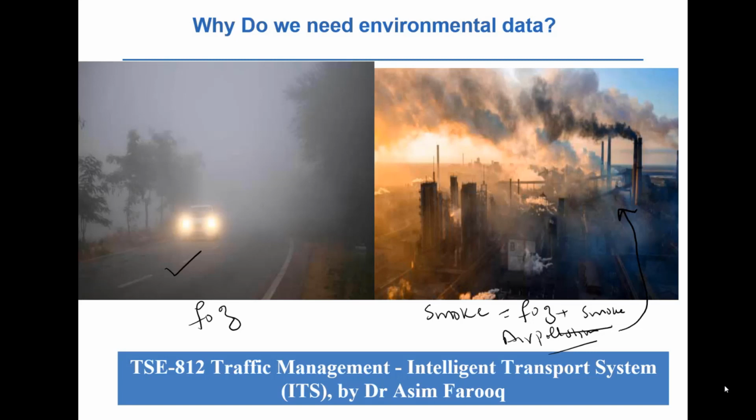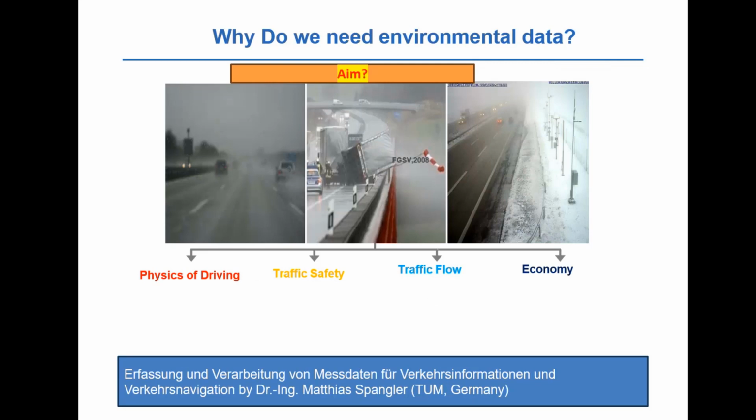But at the end of the day, both of those terms, fog as well as smoke, reduce the visibility for the drivers. In this lecture, we will try to understand the different detection of traffic related phenomena, whether it's the road surface condition, and we will try to understand it.